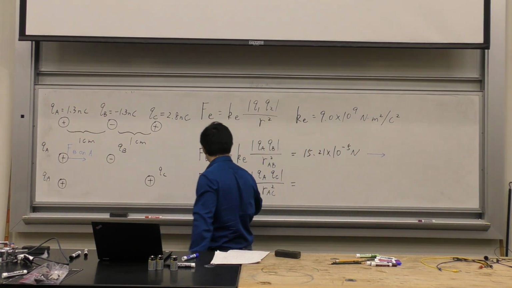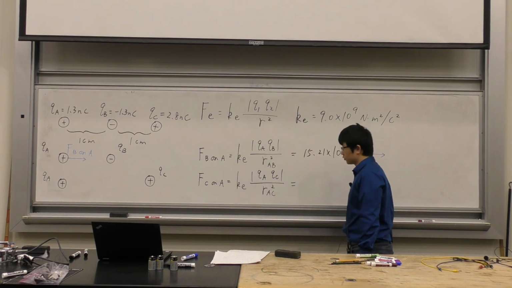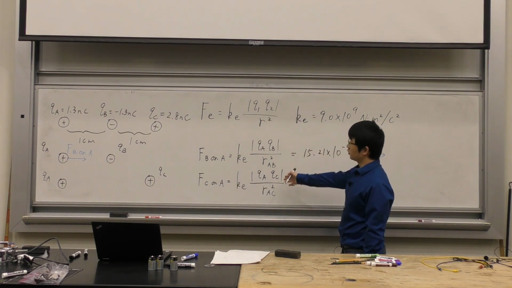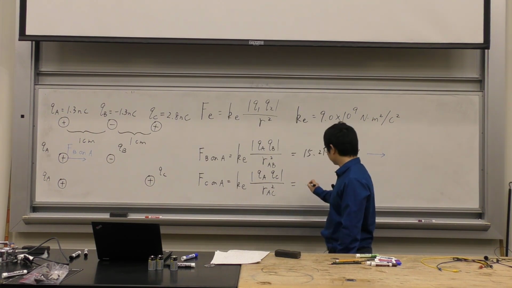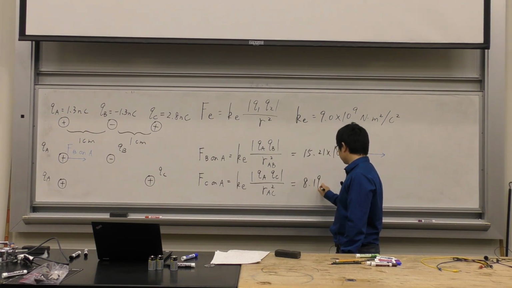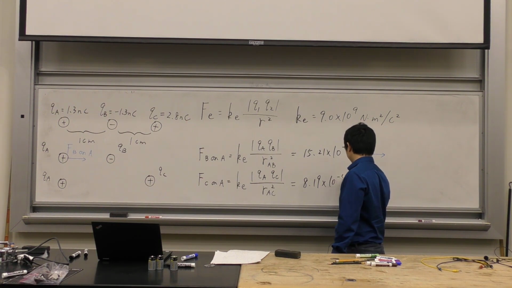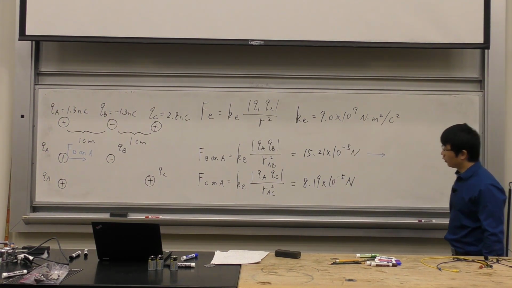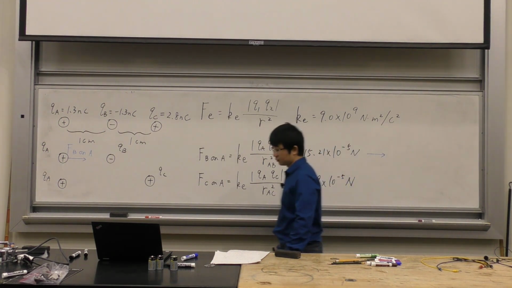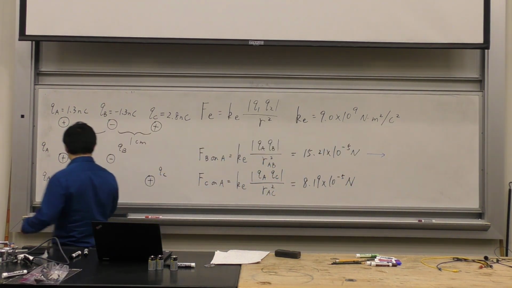Now you do the same thing for the force from C on A. Put all the numbers in, distance 2 centimeters. This number I got is 8.19 times 10 to the negative fifth newtons. Now what is the direction of this force? Take a look at the signs.